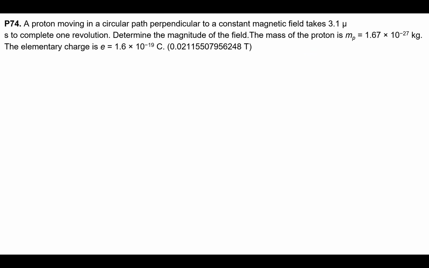Okay, a proton moving in a circular path perpendicular to the constant magnetic field takes 3 microseconds to complete one revolution. This is the period of the circular motion, and determine the magnitude of the magnetic field.